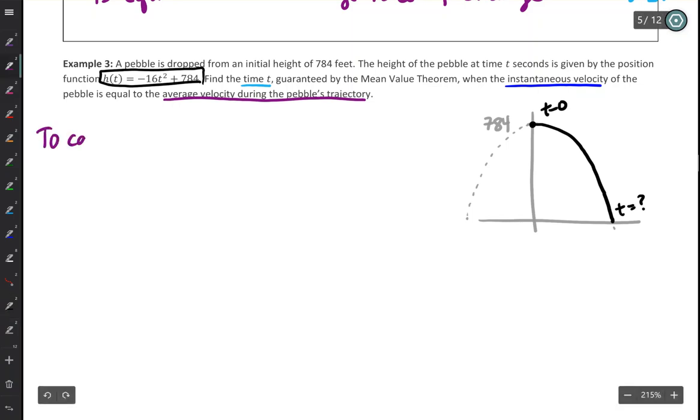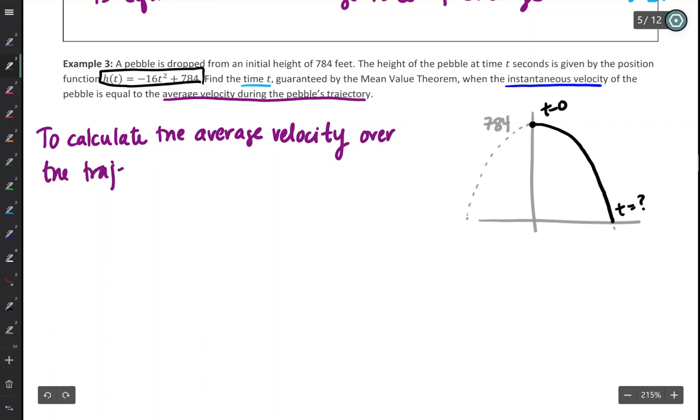So to calculate the average velocity, change in position over change in time, over the trajectory, we need to first know for what t value the pebble hits the ground.